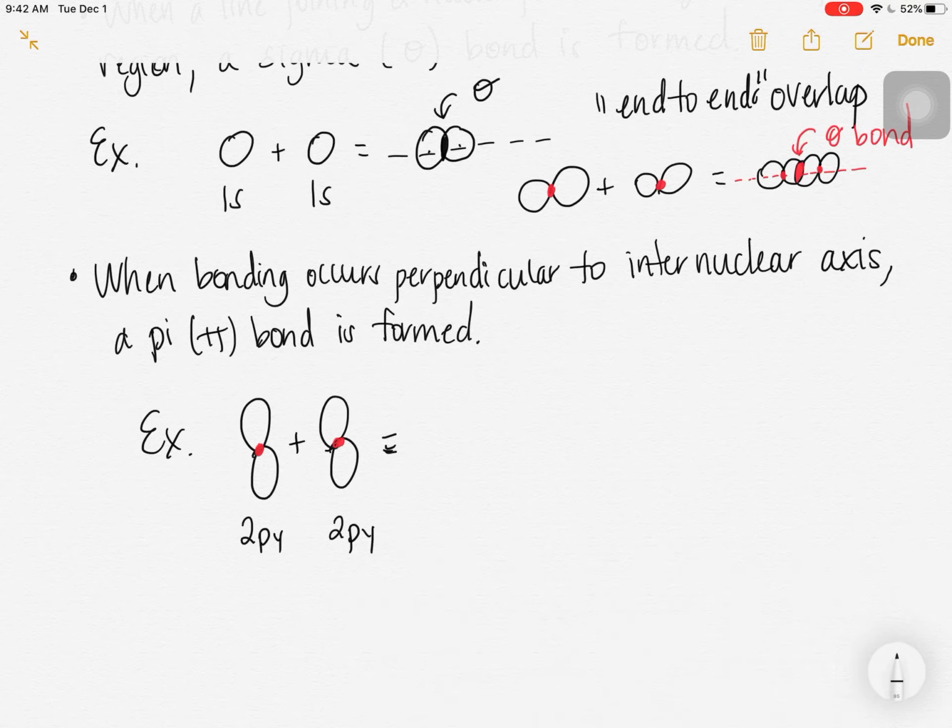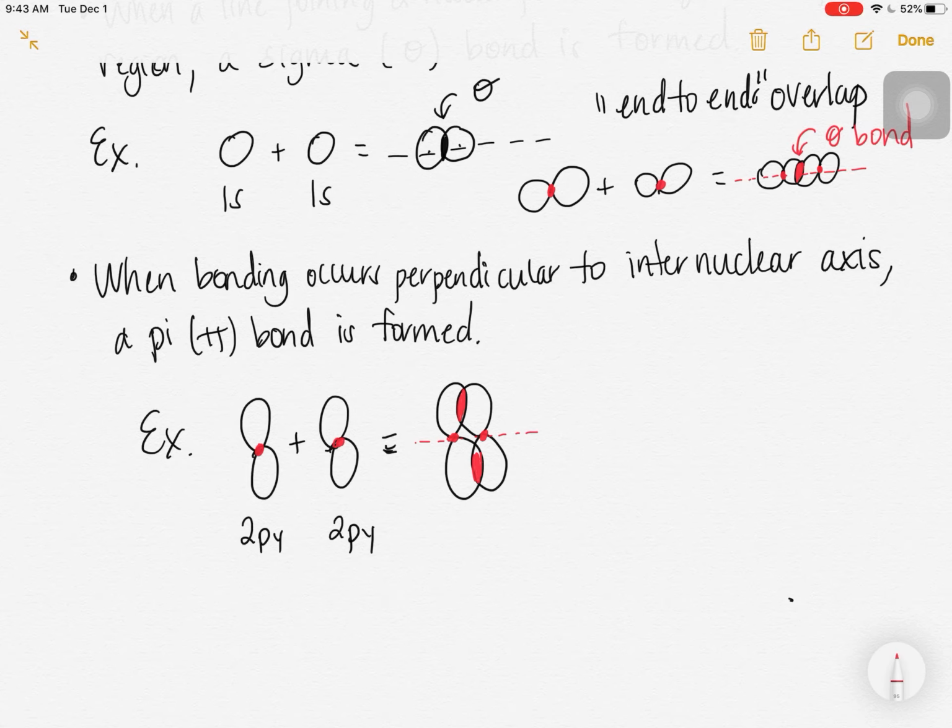If I bring these two orbitals together, I get something that looks like this, and then something that looks like this. Again, where are my nuclei? They are here and here. Where's the internuclear axis? Right here. What you have to ask yourself is, is there any overlap occurring on the internuclear axis? And the answer is no. Look at it. The overlap's here above, and the overlap is here below.